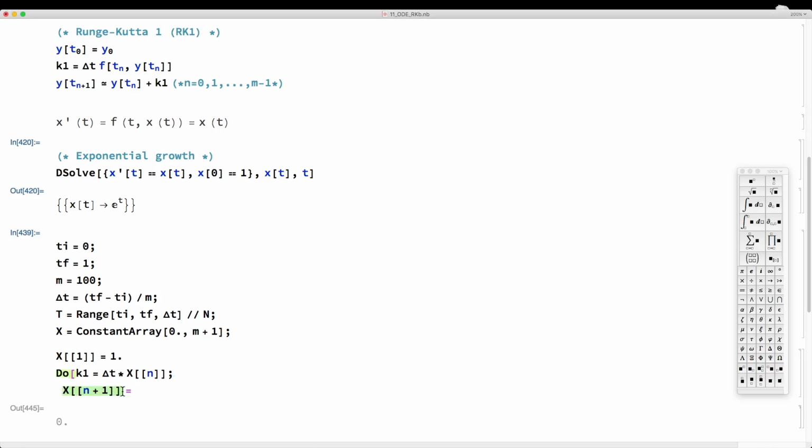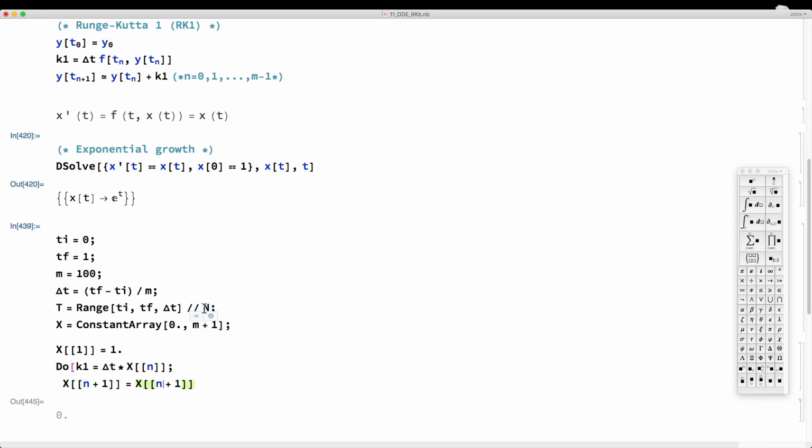So xn plus 1 will be xn plus the correction from the Taylor expansion, which is delta t times f, which in this case is delta t times x, or in other words, it's simply k1. Okay, and that's the end of the loop basically, and then we simply need to specify the values of n.